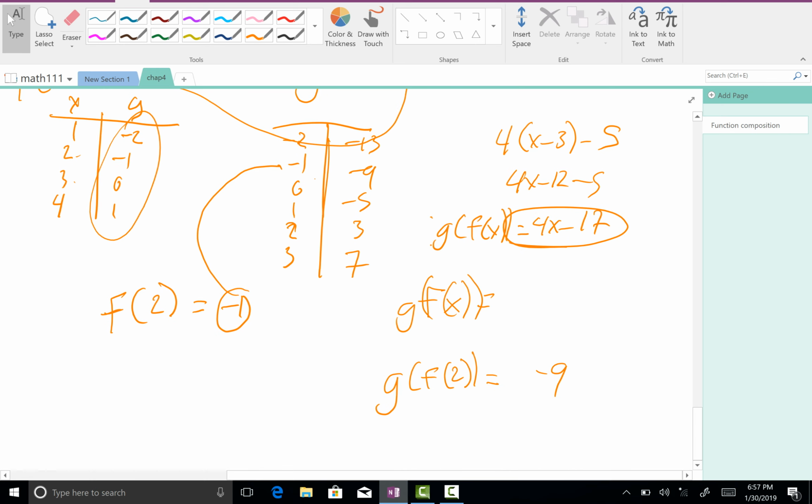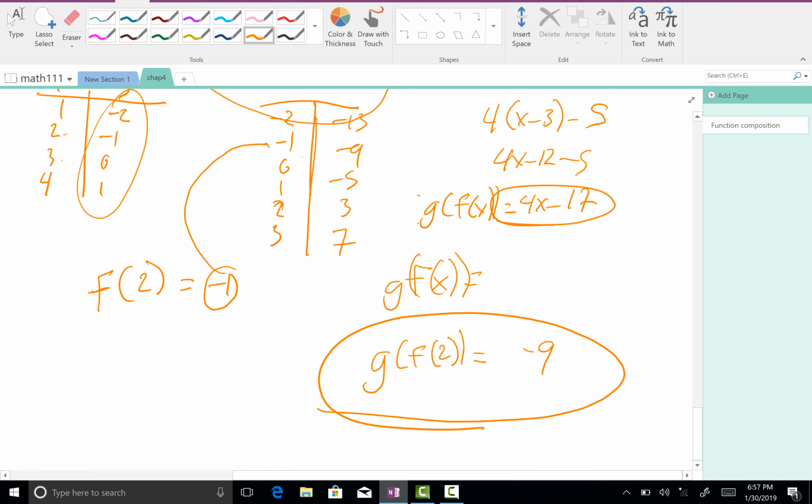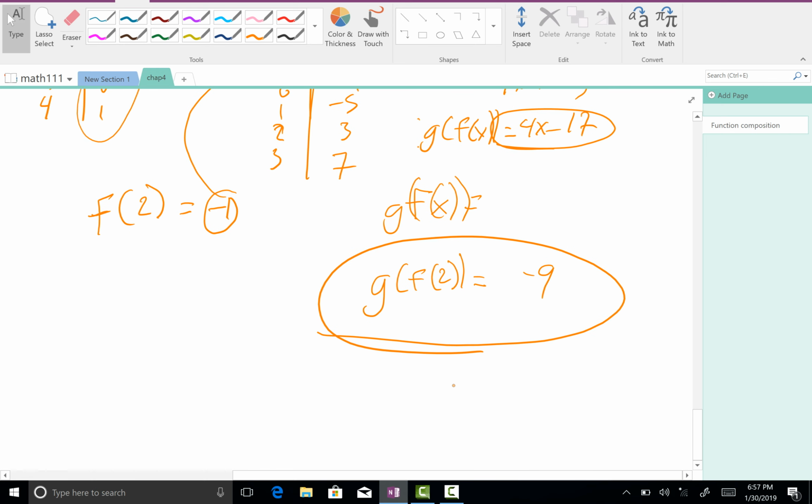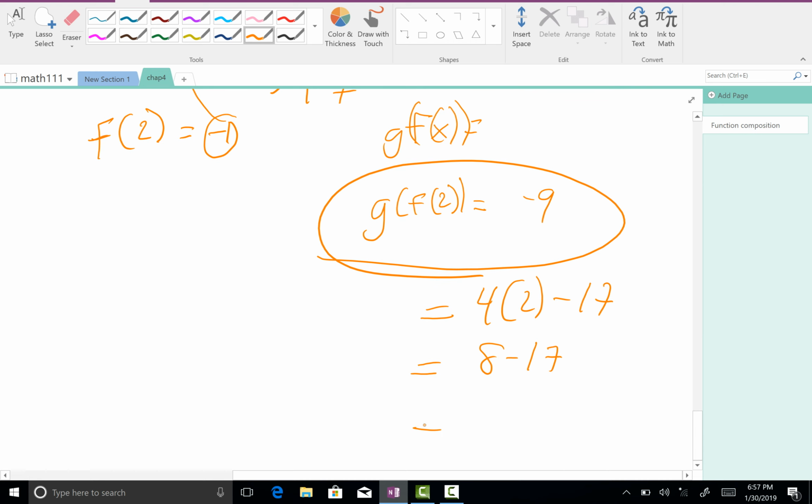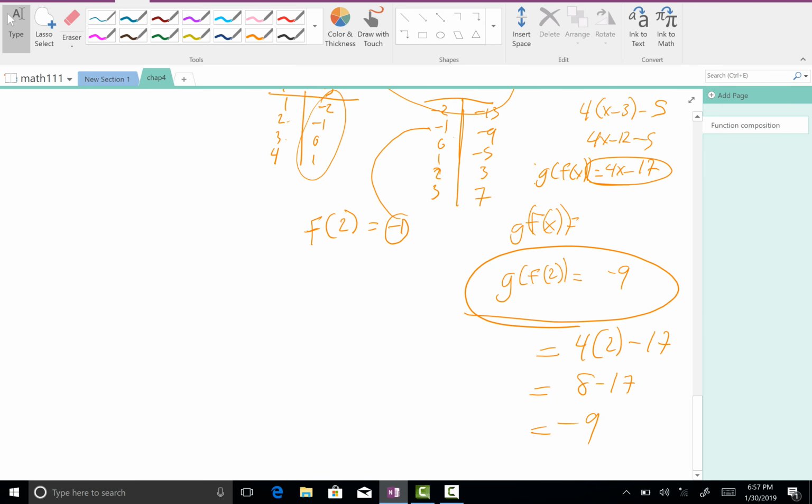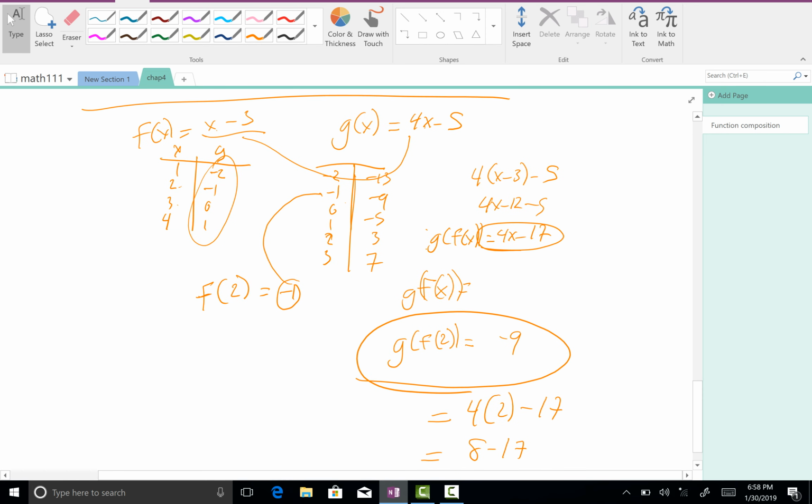Now let's try this out. g of f of 2. So now I'm going to put 2 into this function here. That's how it works. Earlier in the problem we did the g of f of x. I probably had it backwards, maybe. Yeah. But even when the graph shows that, okay, maybe it wasn't that. But that's how it works.